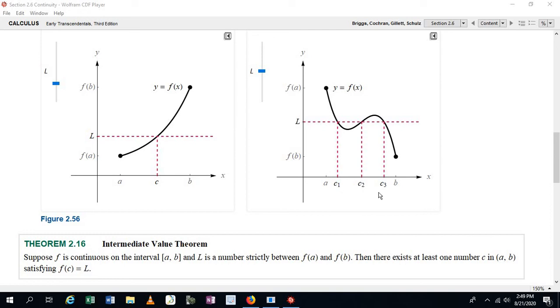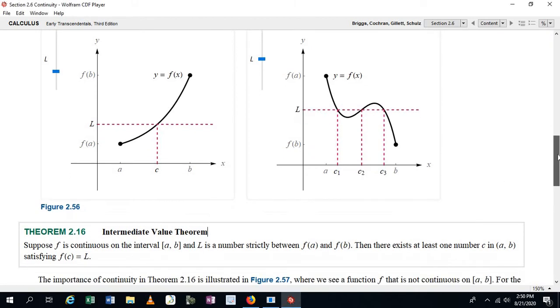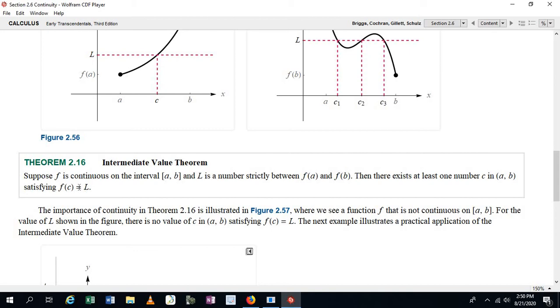Every one of those, when you plug it into the function, will give you a y value of L. So there can be more than one of these numbers in the open interval from A to B where f of c is L.